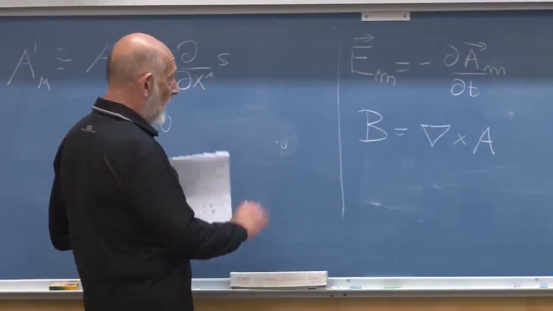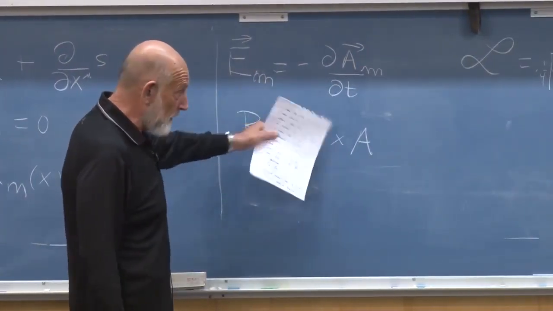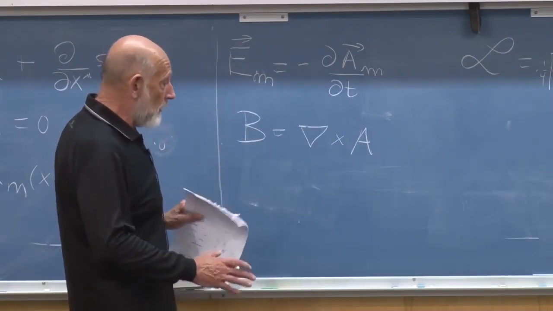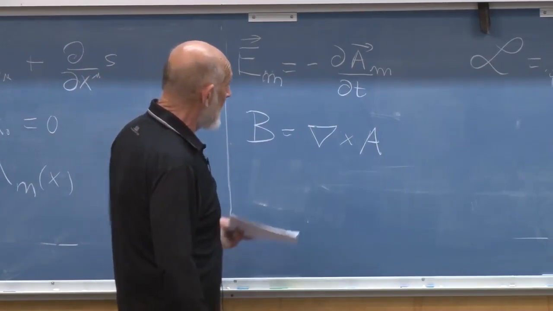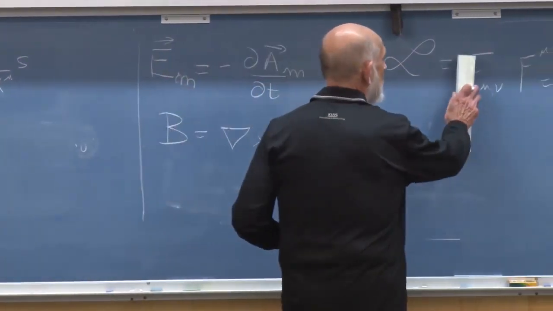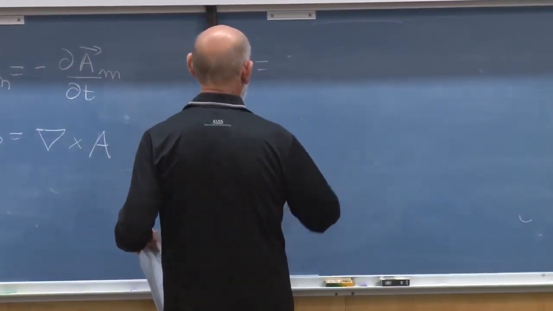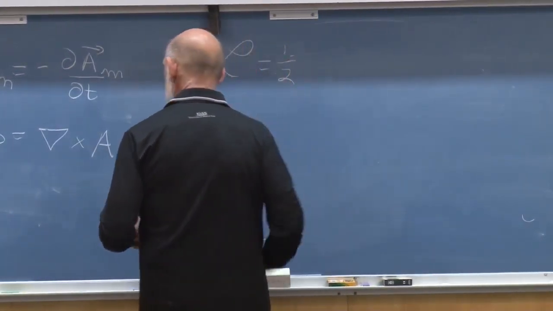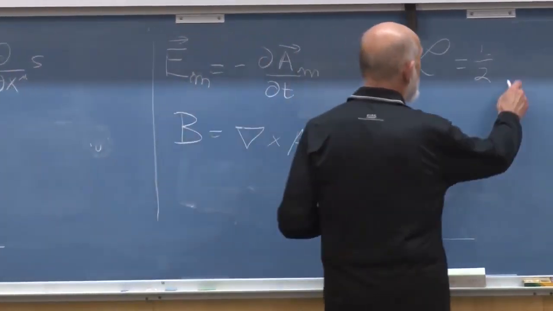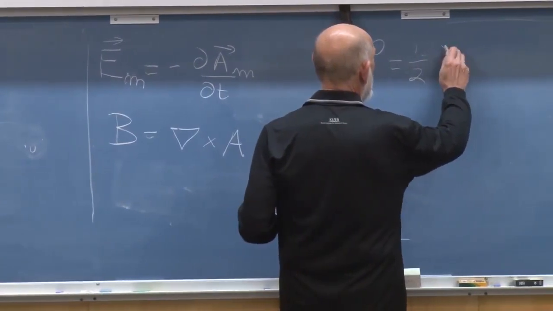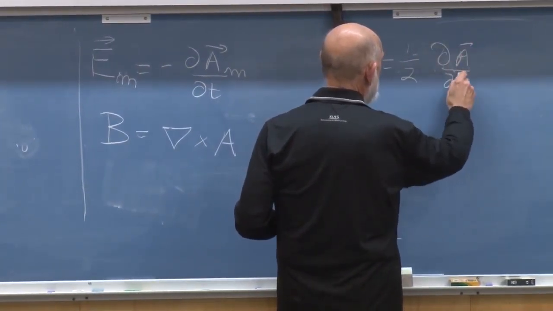And now we can write the Lagrangian right in terms of the vector potential. The vector potential components are the real fields that we use in the Lagrangian. So let's write it down. It's 1/2 E squared minus 1/2 B squared. The electric field squared is just (dA/dt) squared.